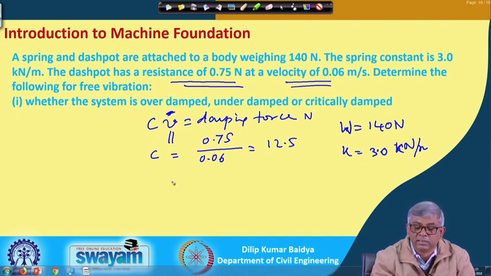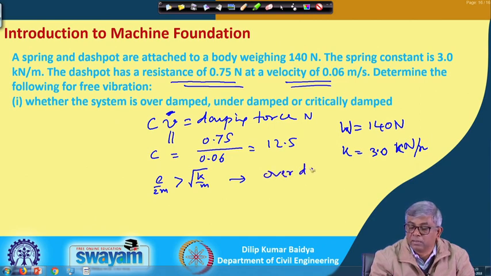So, you can see that when C over 2m is greater than under root k over m, then that is over damped. When C over 2m equals under root k over m, then that is called critically damped.